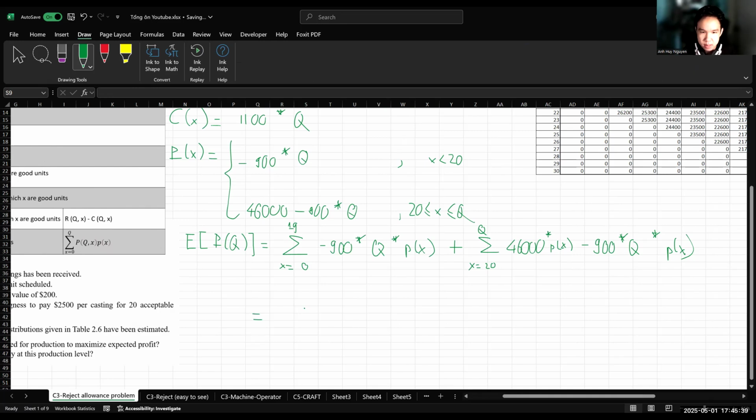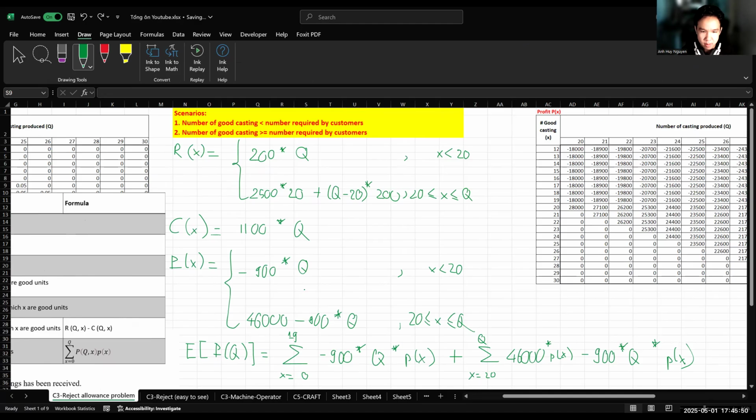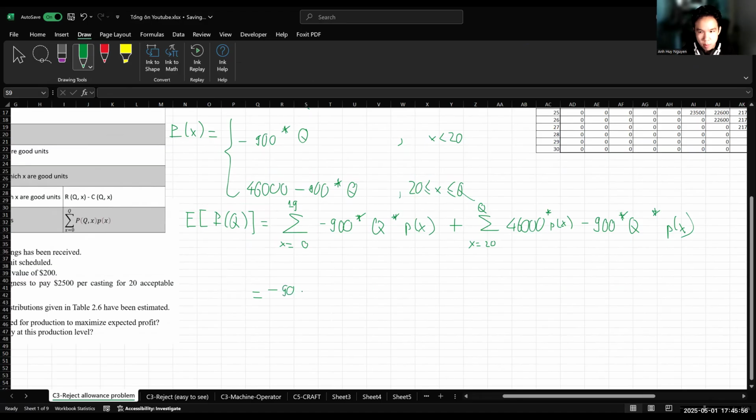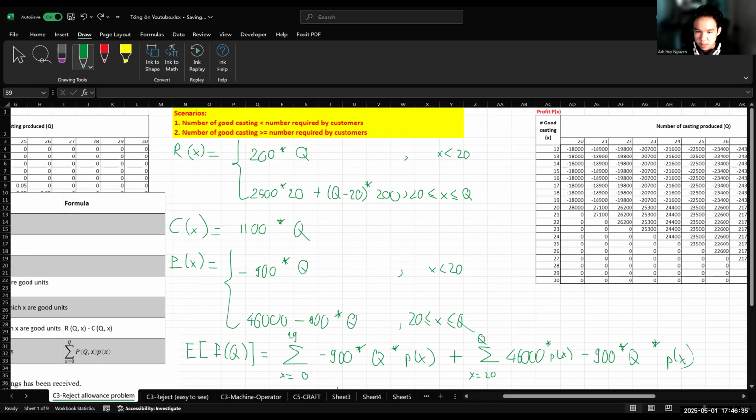Because 900 and Q are constants, you can pull them out of the summation, okay? And the same thing goes here.